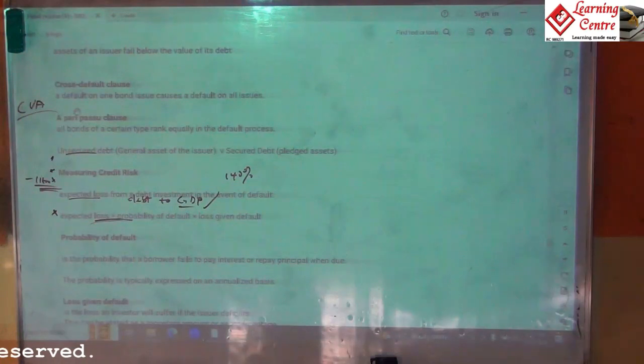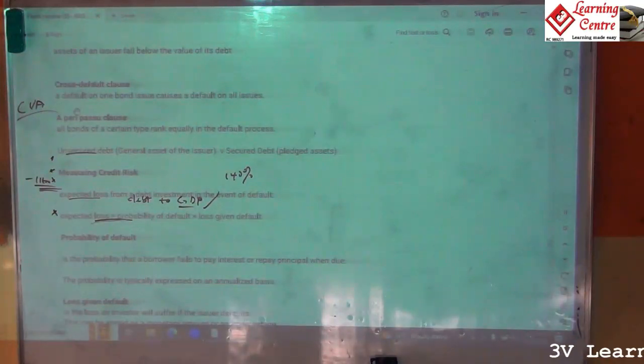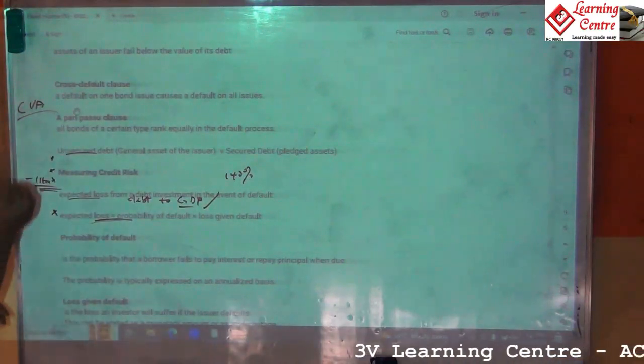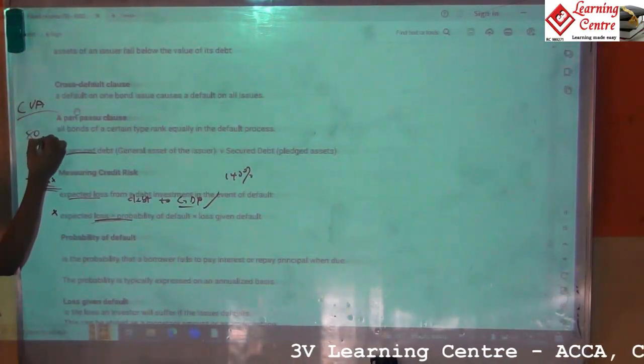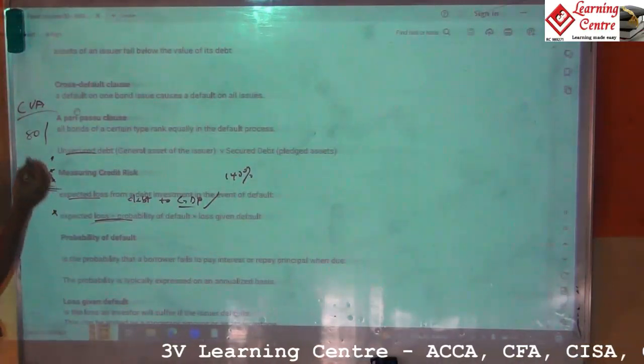Look at the valuation adjustment and see what the total of this was. So I can't carry the bond at par. So I got bonds.